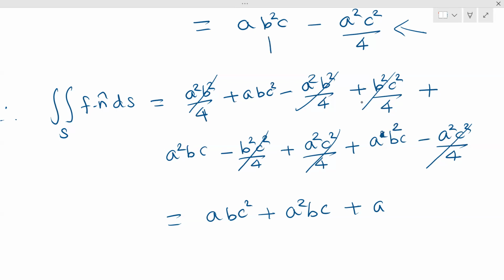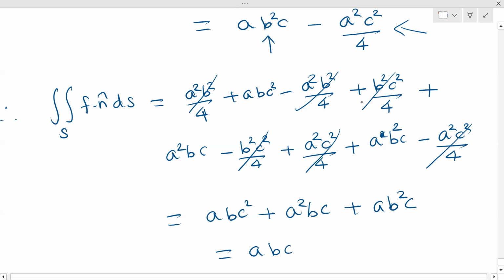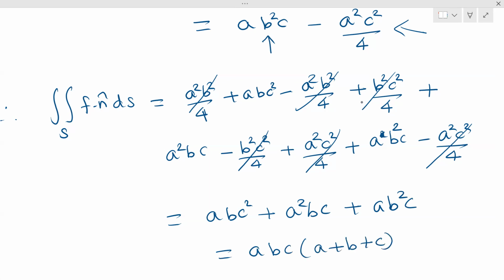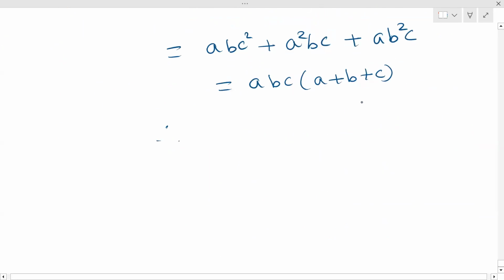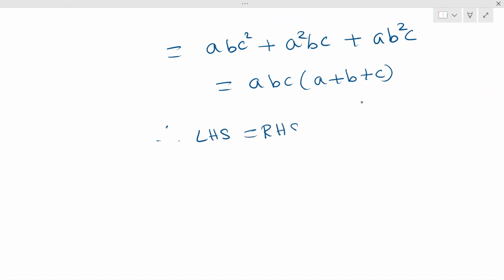See here it is a b square c. So when we take common, what we will get? a plus b plus c, which is our LHS. Therefore, LHS equal to RHS. Hence, the Gauss divergence theorem is verified.